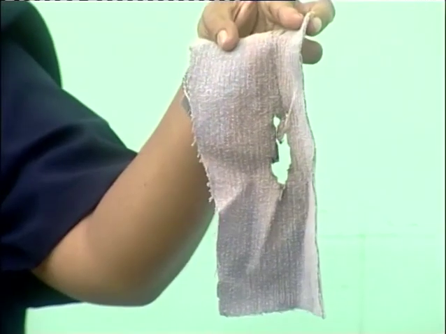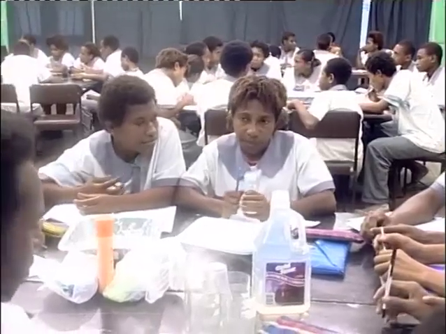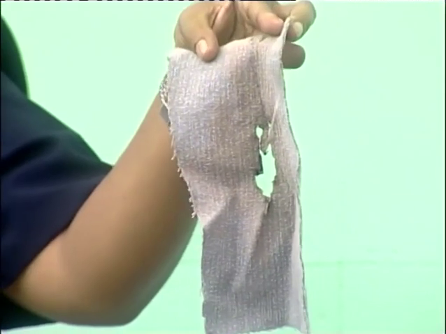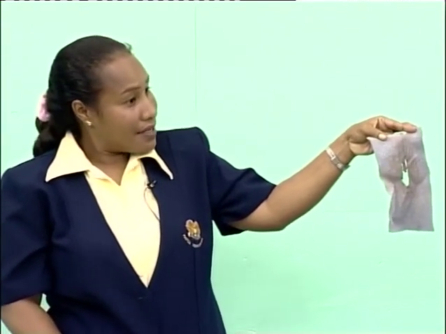What acid did you add on this cloth? Is it hydrochloric or sulfuric acid? All right. Sulfuric acid was added onto this cloth, and you can see the result of it. The acid has burnt the cloth.